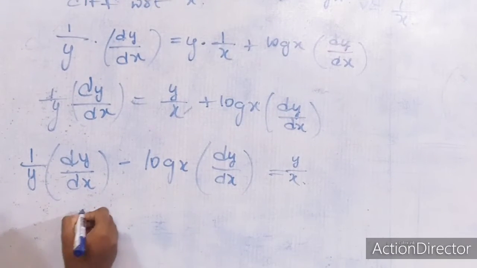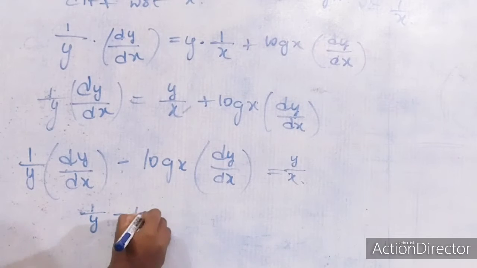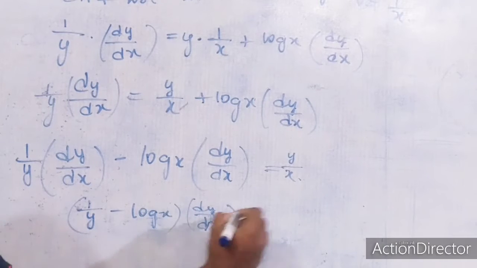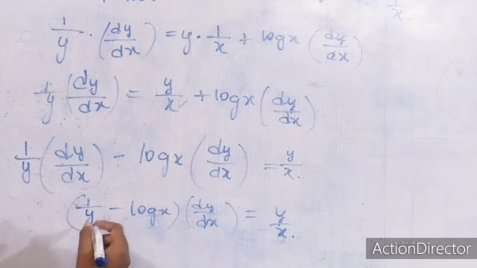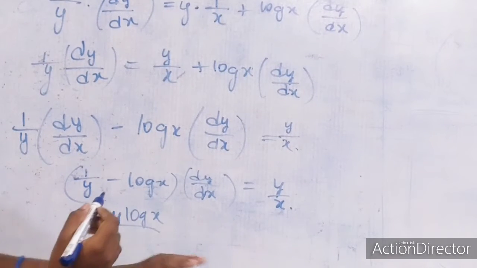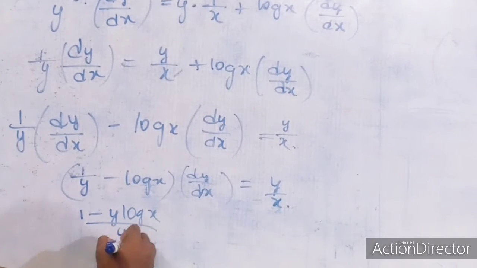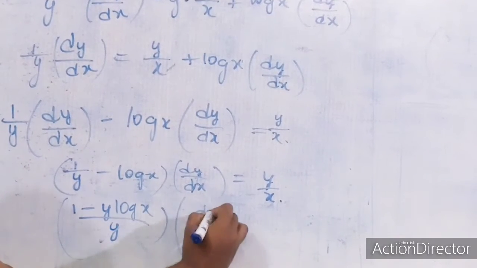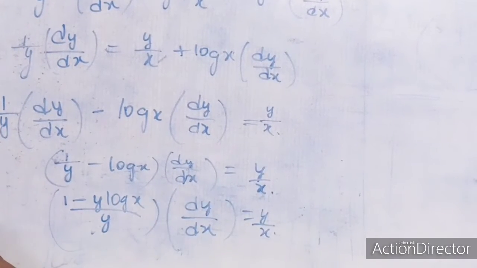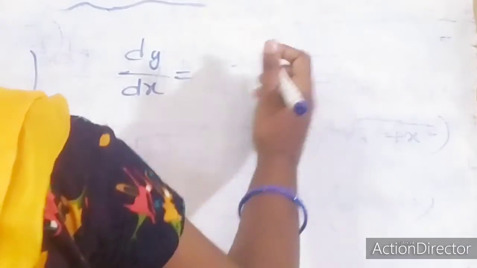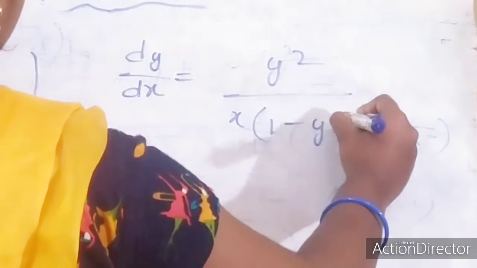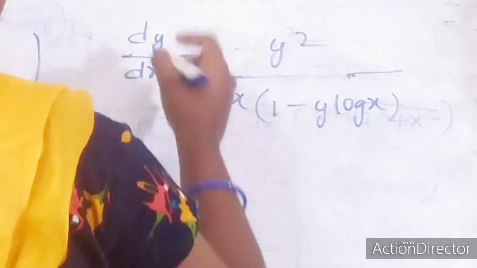Now take dy by dx as common, that is (1 by y minus log x) into dy by dx is equal to y by x. Now do the LCM: (1 minus y log x) divided by y into dy by dx is equal to y by x. Now dy by dx is equal to y square by x(1 minus y log x), the final answer.